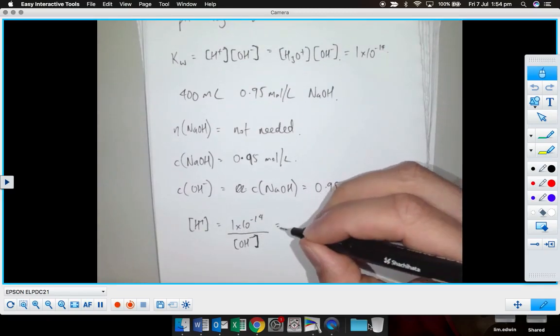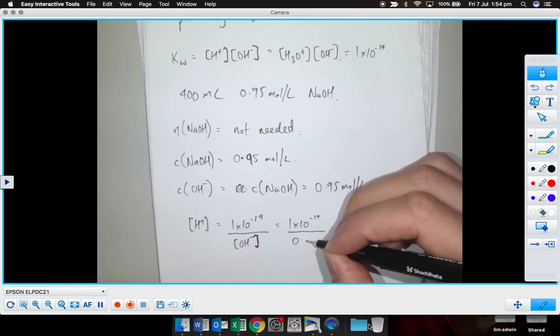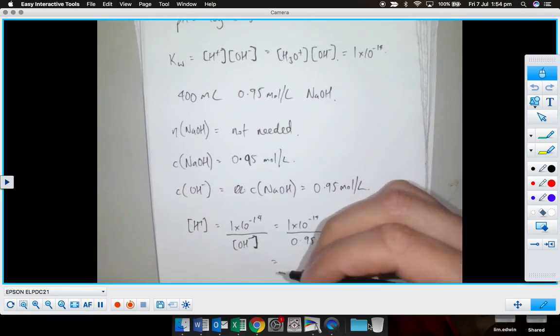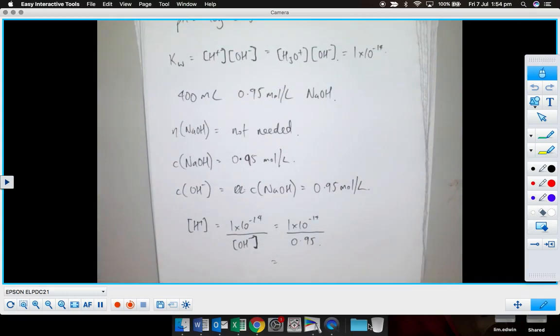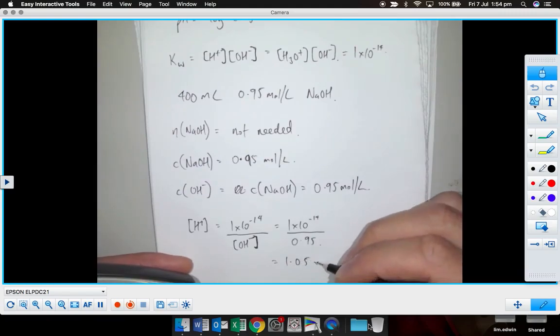So we know it's then going to be 1 times 10 to the negative 14 over 0.95, which is 1.05 times 10 to the negative 14.